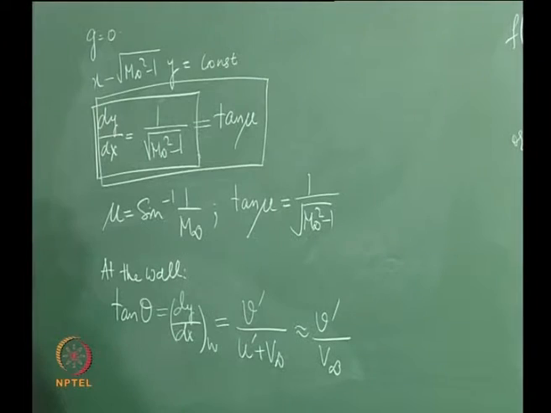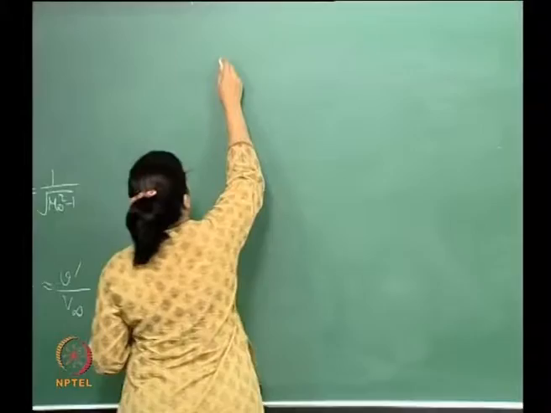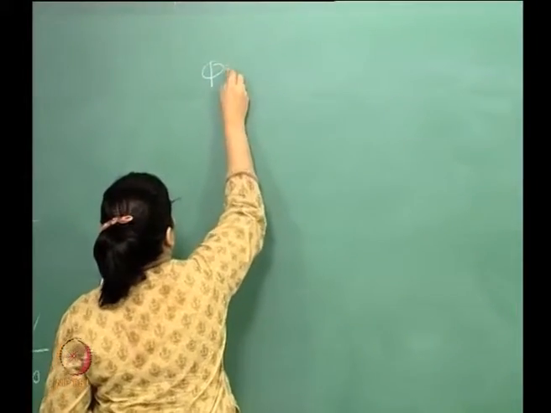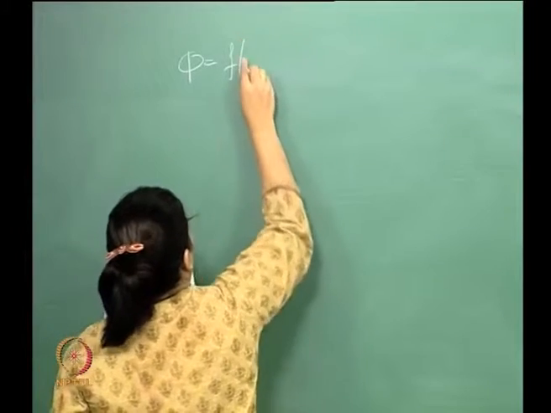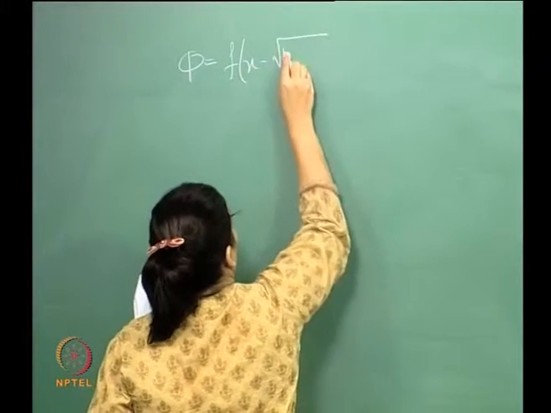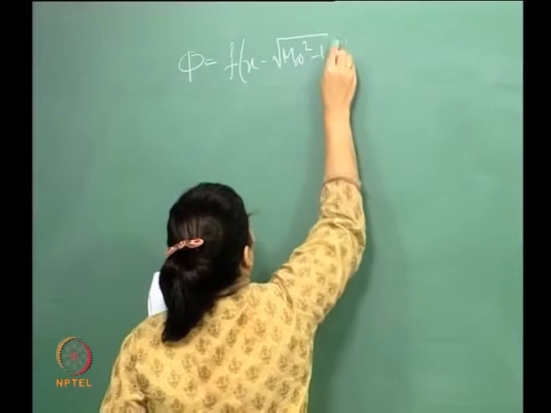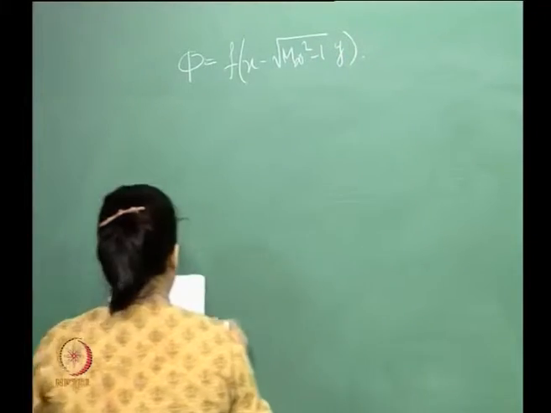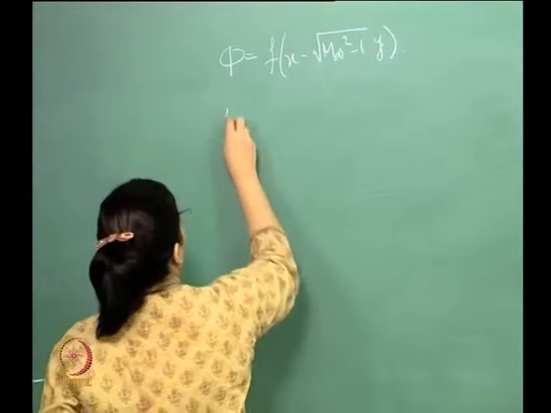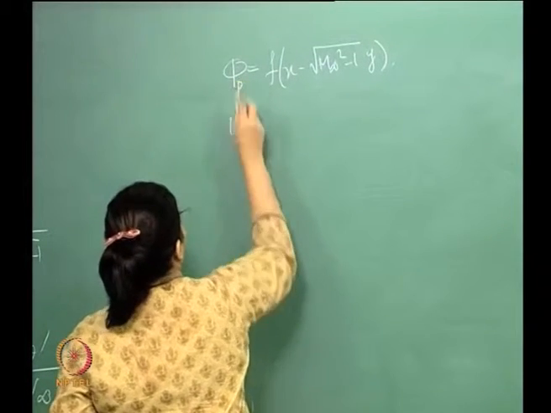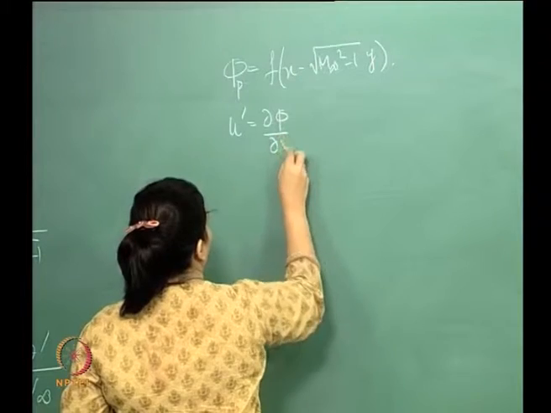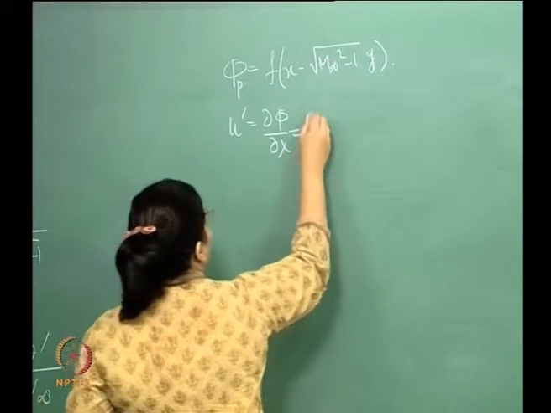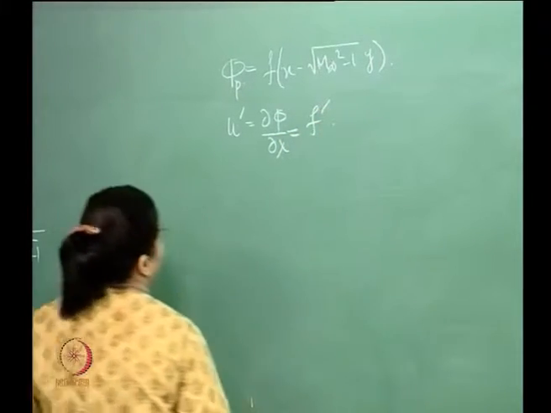Phi now is equal to f of this, since we've taken g to be 0. Then this is the perturbation potential. So u dash is equal to f dash.